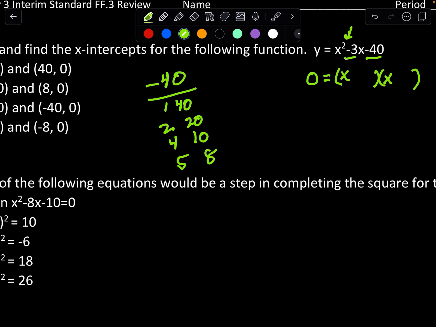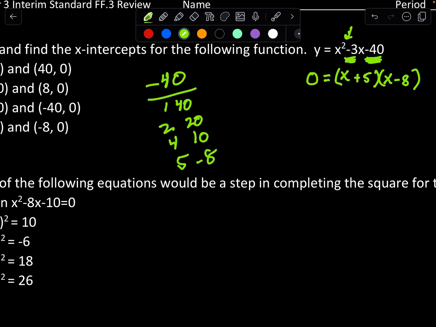It has to be negative 40, so I'll make the 8 negative and the 5 positive because it has to add up to negative 3. So I'll make that plus 5 and minus 8. 5 times negative 8 gives me negative 40, and 5 minus 8 gives me negative 3.